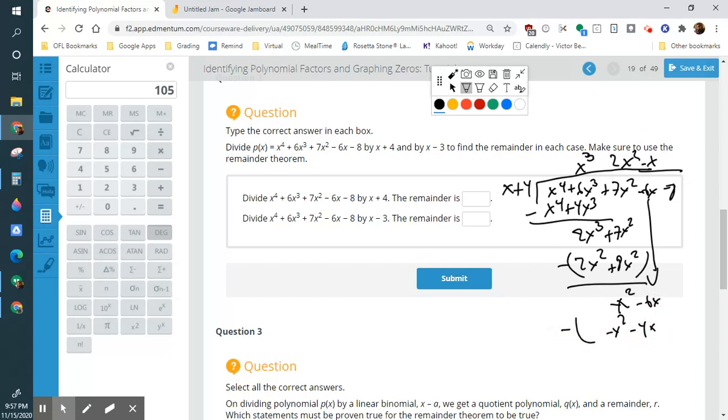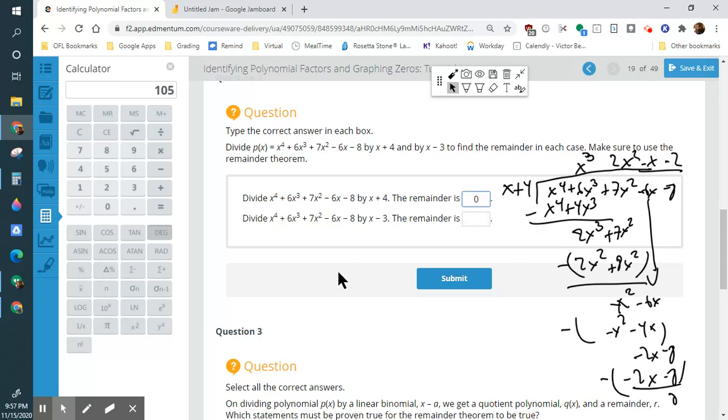Negative, that turns to a positive, so this is -2x minus 8, and I'm going to put -2. So this is actually a 0 when I do this. So I get -2x minus 8, subtract it out, that makes this a 0. All right, so this is a 0.